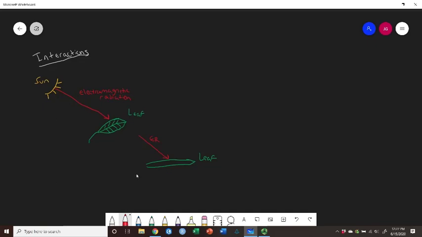So what can happen? Well, the first thing that can happen is it hits the leaf and it bounces off. And this bouncing off is called reflectance or reflection.